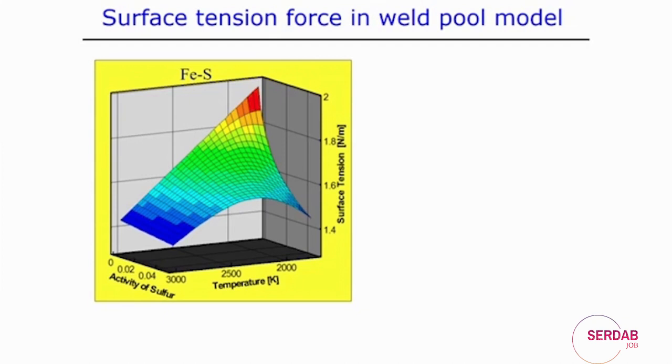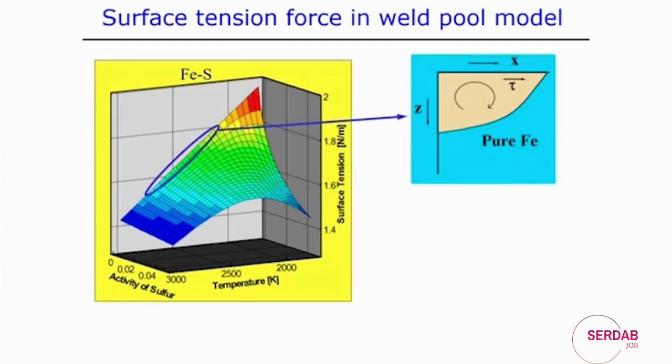So this 3-dimensional figure will be better explained in this way: in this case the surface active element is low, so a very small amount, or I can say there is no surface active element.